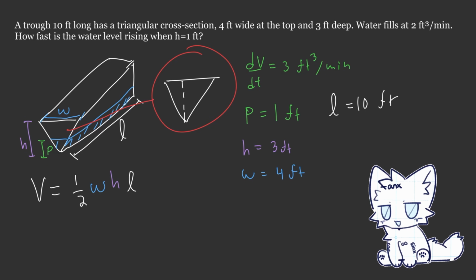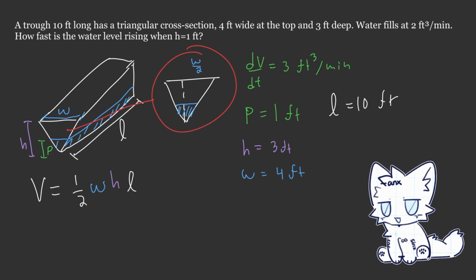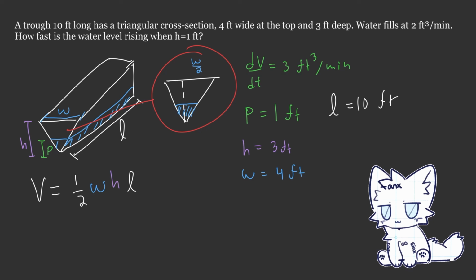There's a triangle that we can make and it's filled with water. We know the width is W, but for this section, it would be the width over 2 and then the height of H.